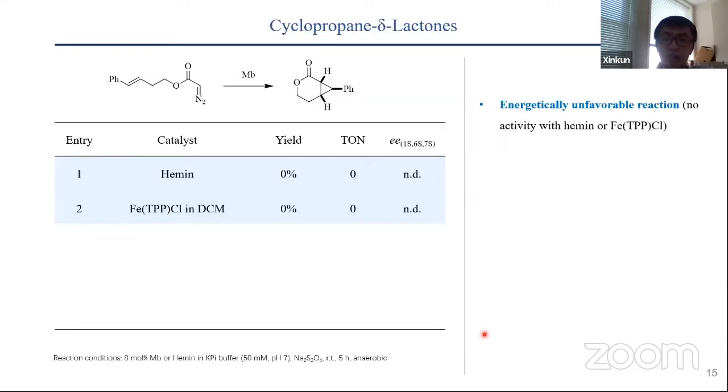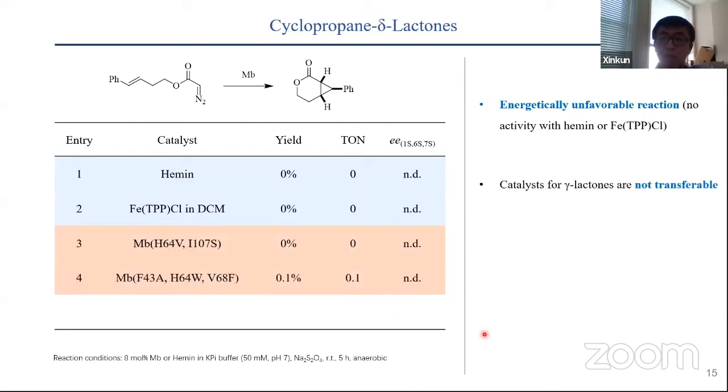However, when we started our research, we found it is very difficult. Firstly, the free cofactor hemin and iron TPP were not active towards this reaction, suggesting this reaction is energetically unfavorable. And none of our optimal catalysts for gamma lactone synthesis were active.